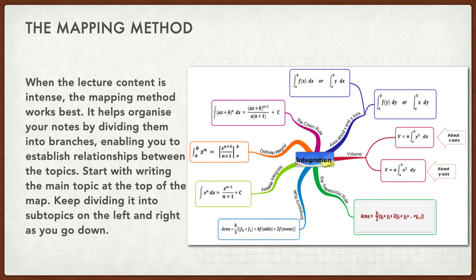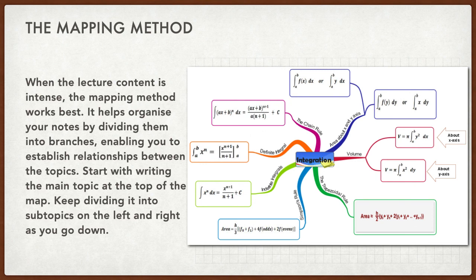Then there are various aspects or chains or derivatives. A derivative is a very wrong term to use in integration, but, various sub points that extract out of integration. Say how to calculate the volume of a shape, or area across the y-axis and the x-axis, the trapezoidal rule, or the definite integrals, the chain rules.